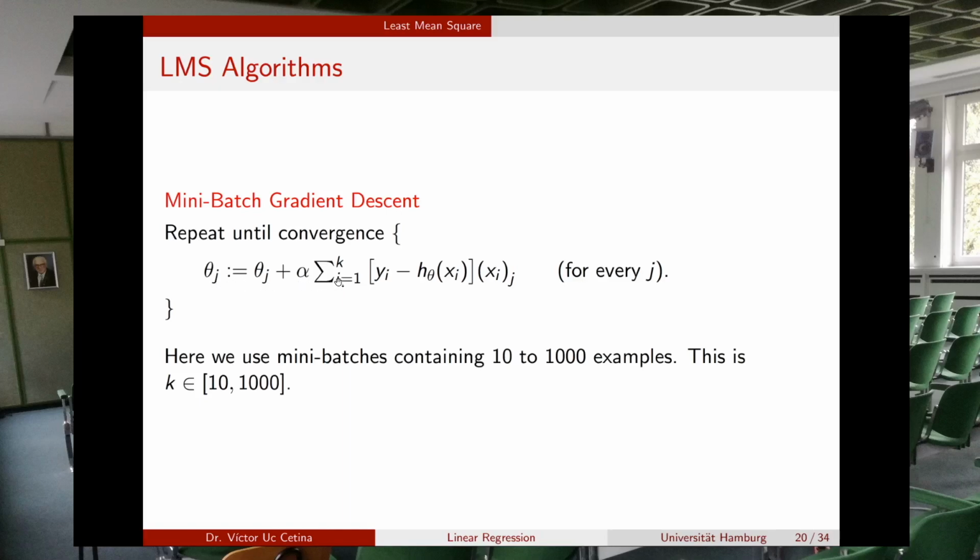Then you take another 10 examples, compute the products, sum the results, and update the parameters. Okay, and in practical terms, this k usually goes from 10 to 1000. So it will depend on how much data you have and how much computational power you have. So this is by far the most common way to train models nowadays.